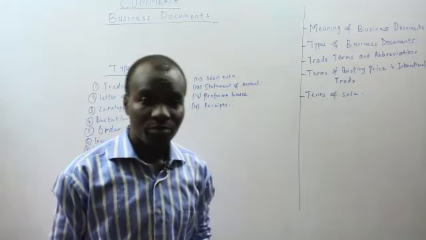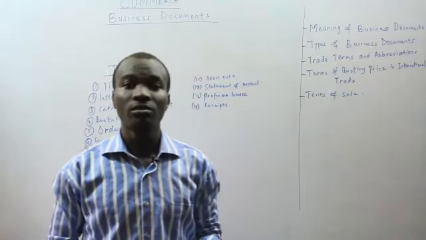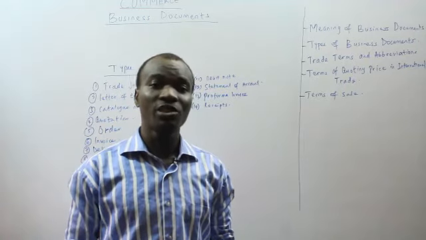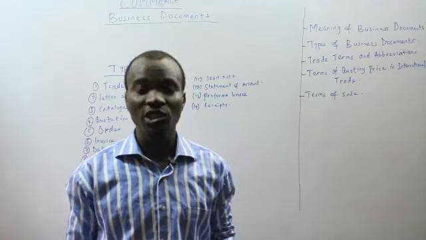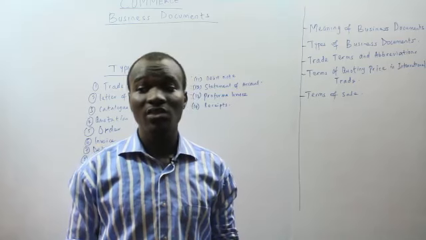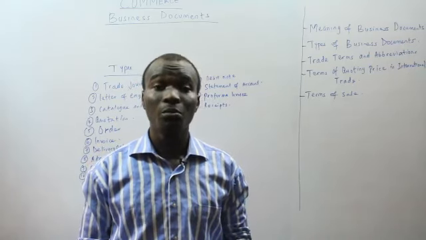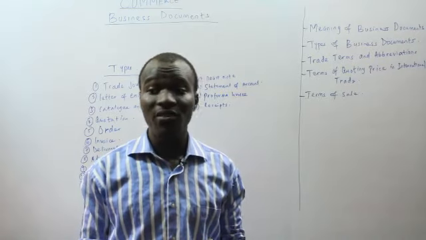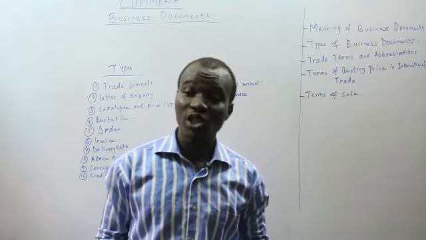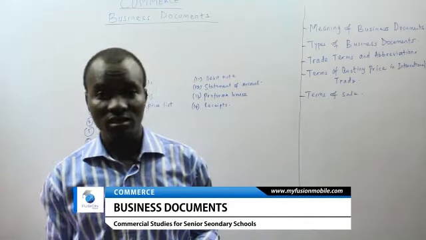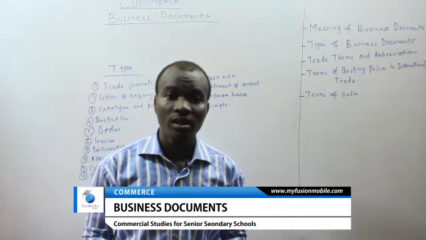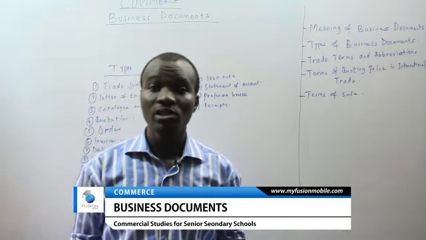Generally, trade journals are publications which provide information about certain goods and services, and the availability of goods. They usually give a description of the goods available and all necessary information about the goods.